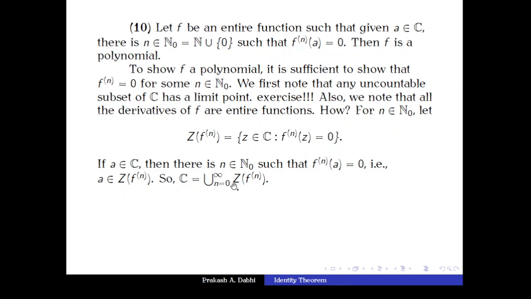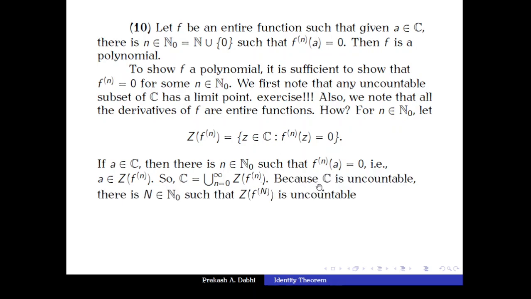So there exists at least one n such that Z(f^(n)) is uncountable. Because this Z(f^(n)) is an uncountable subset of C, by the result we have noted, any uncountable subset of C has a limit point, so the set Z(f^(n)) has a limit point in C, right?